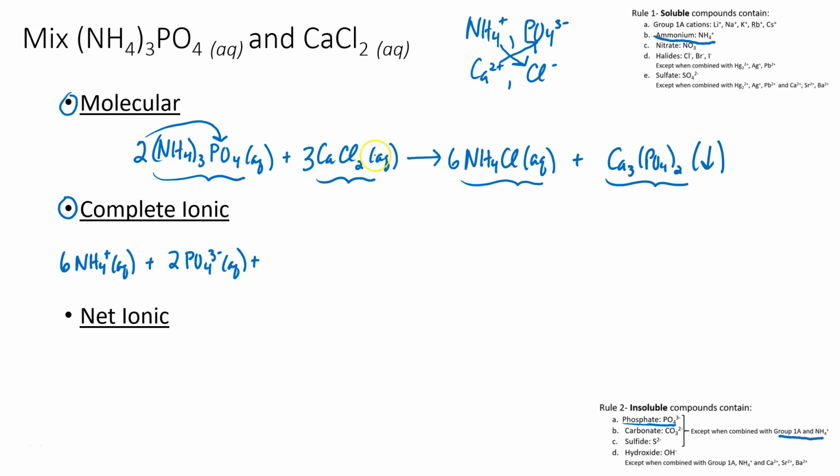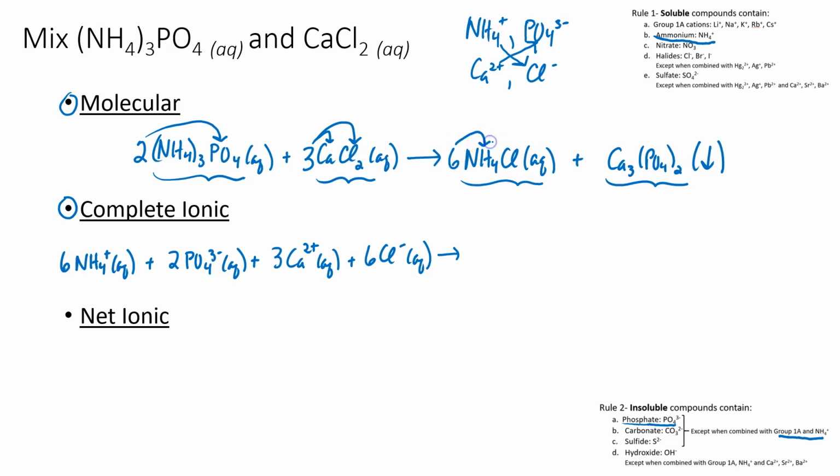And now on to the calcium chloride. Well, we're going to have 3 calciums. And then 3 times 2 would be 6 chlorides. And now on to the right. We're going to dissociate this ammonium chloride because it's a soluble ionic compound.